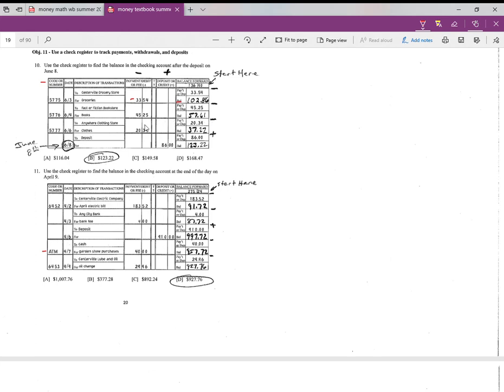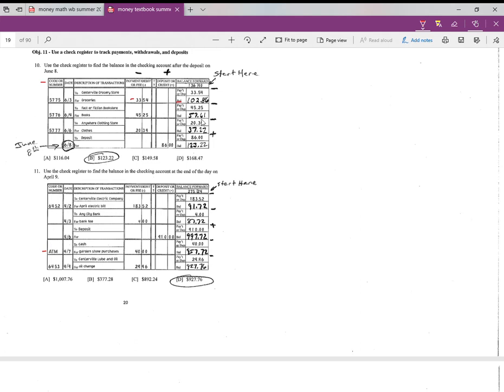Again, they write another check out. Like I said before, this could be writing a check, which it is in this case. It could be using the ATM, using your check card, or a fee that the bank charges you. Any of those would be in this side under the minus. So they write it out for $20.39.